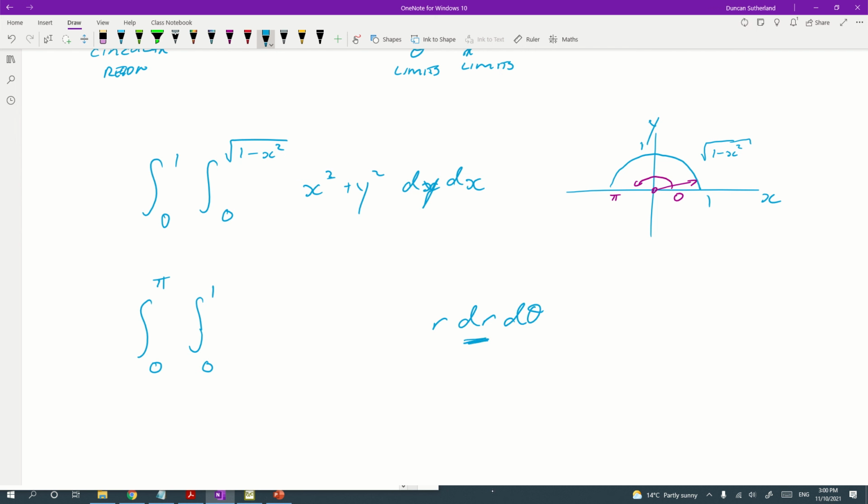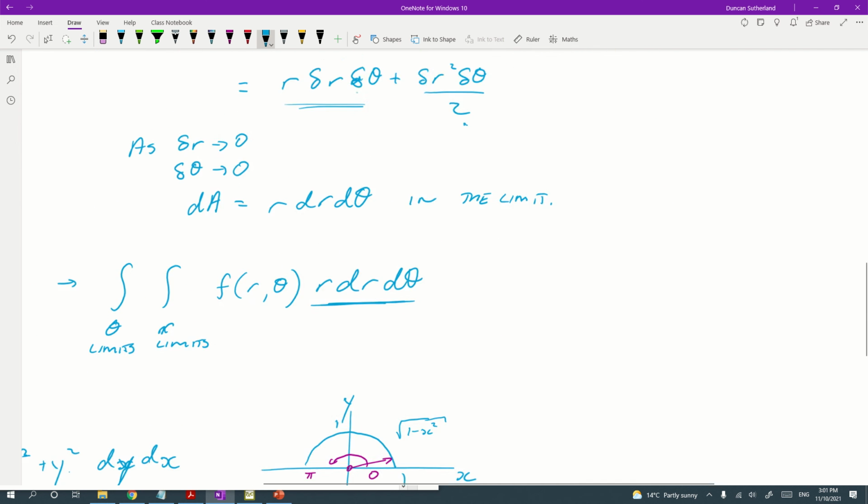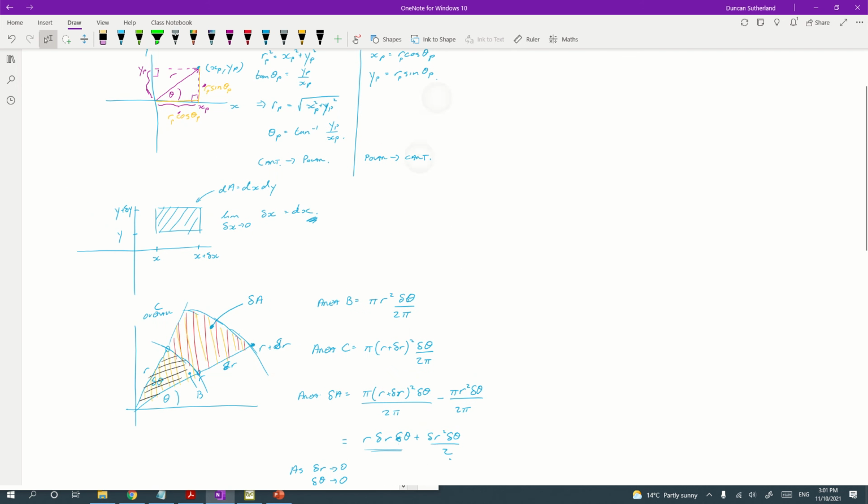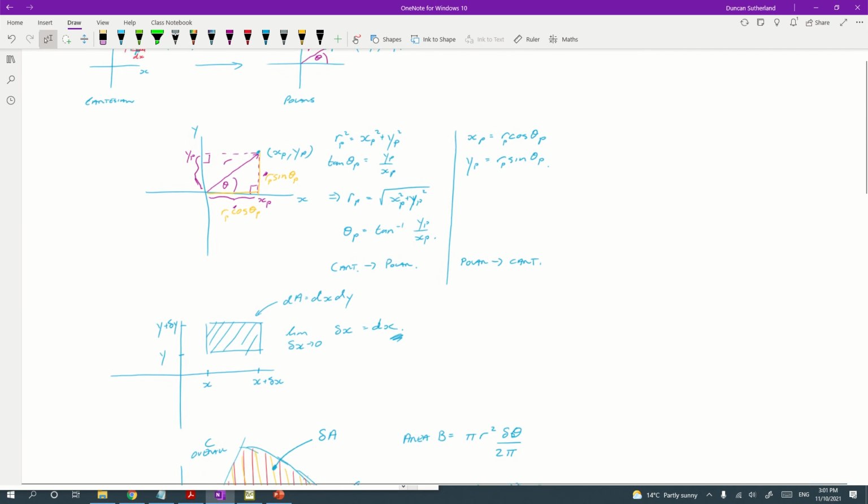So remember this r goes with this here. We have to translate the integrand from x and y coordinates to r and theta coordinates. But we know how to do that. We decided that this is our transform up here.